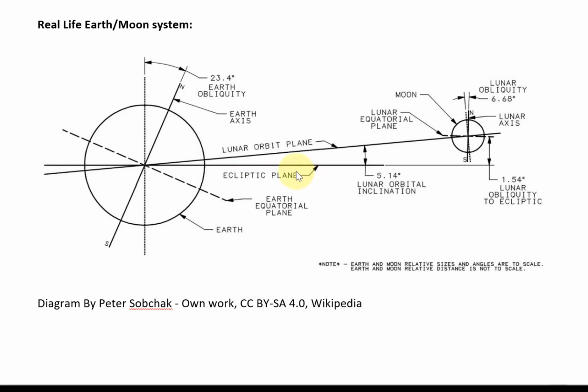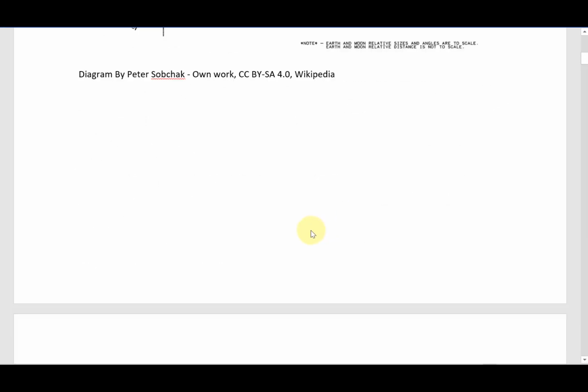This is the plane of the orbit of the Earth around the Sun, and Earth is tilted relative to that plane, and the Moon is orbiting around the Earth in a plane that is tilted to the ecliptic plane, and of course tilted to the equatorial plane. So all of these different angles between these planes is much more complicated in real life than what we have to deal with in Kerbal Space Program.